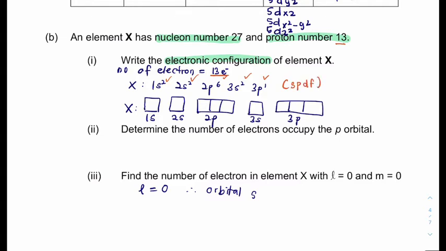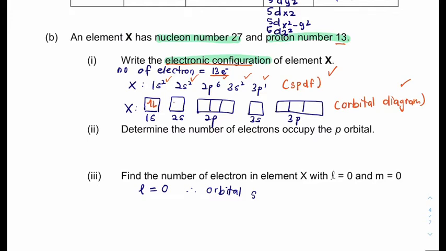Okay, ada lagi satu jenis electronic configuration, nama dia adalah orbital diagram. Okay, so since that soalan ni dia tak highlight pun nak jenis yang mana satu, you boleh jawab SPDF ataupun you boleh jawab orbital diagram. Dua-dua betul. Okay, so now kalau orbital diagram di sini saya just nak ingat lah. First of all, you kena follow Aufbau, kena isi the lowest energy orbital first.